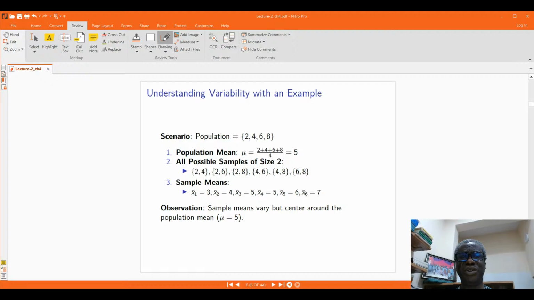Somebody could take 2 and 4, that is 2 students, one having 2 amount of, maybe naira or dollar, but we have not put any currency now, and the other one has 4.